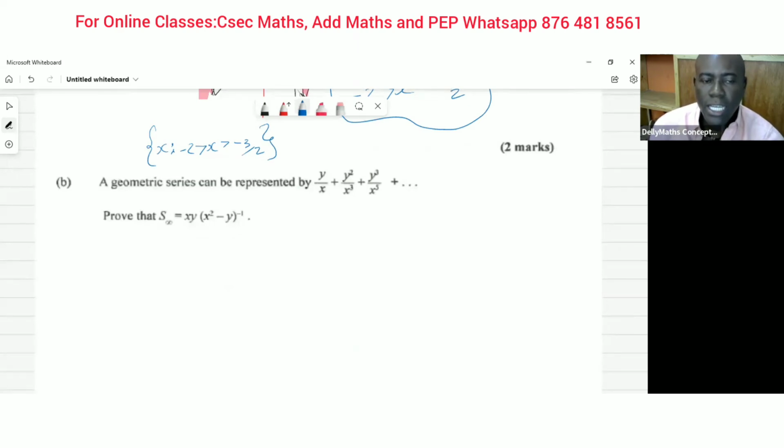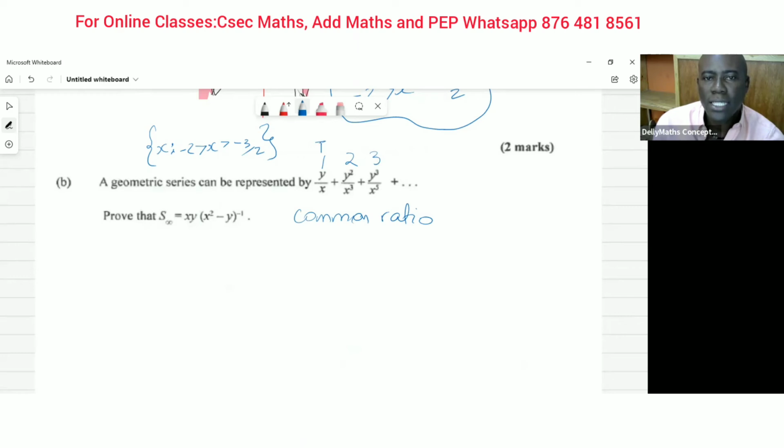In order to find the sum to infinity, we need to know what the common ratio is, since a geometric series has ratios. In this context, we can find it, because this is my first term, that's my second term, and my third term.